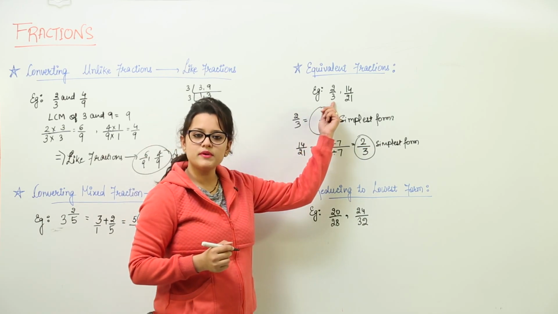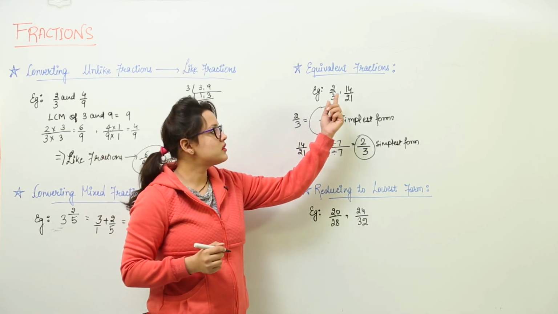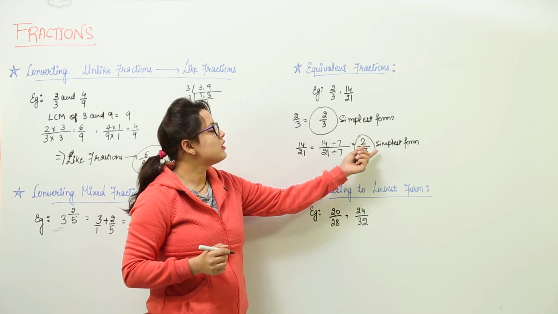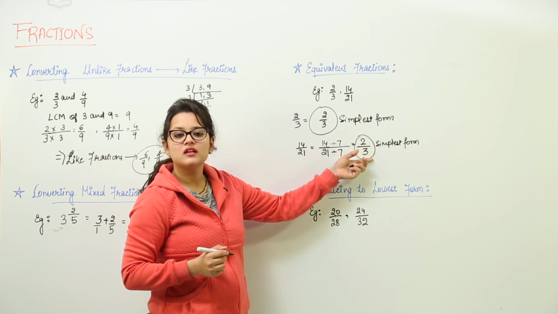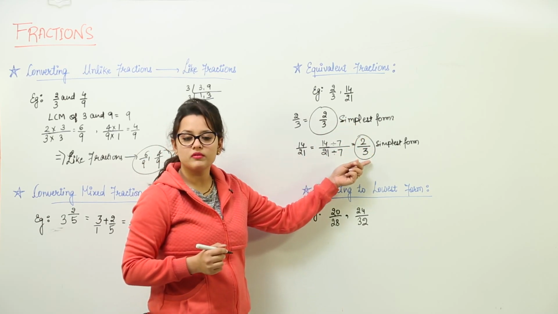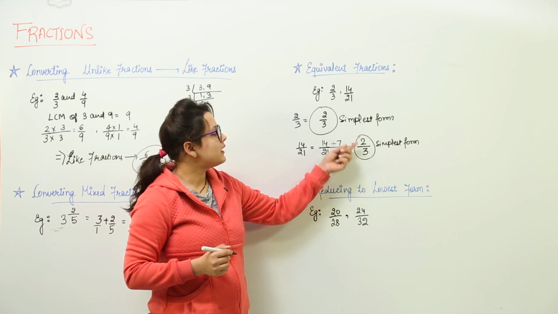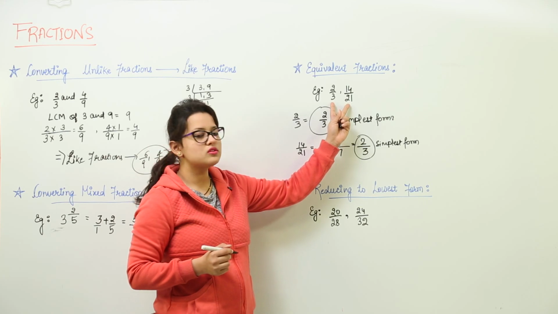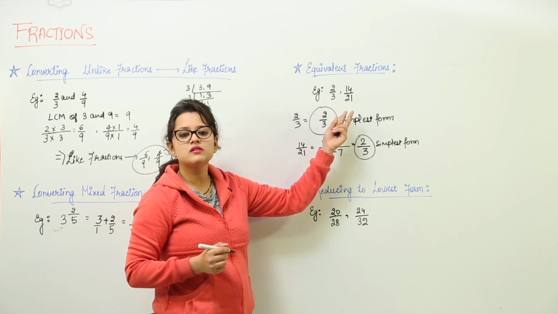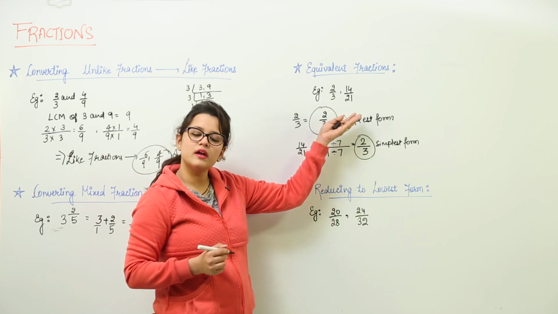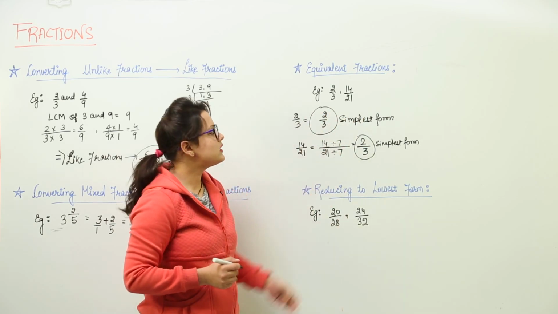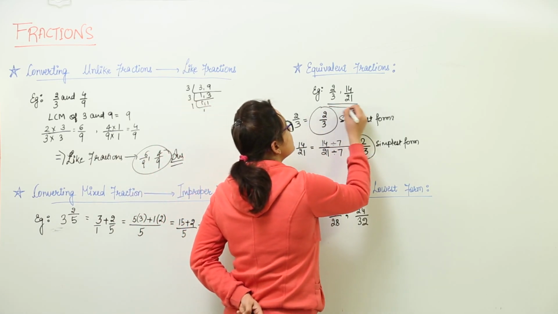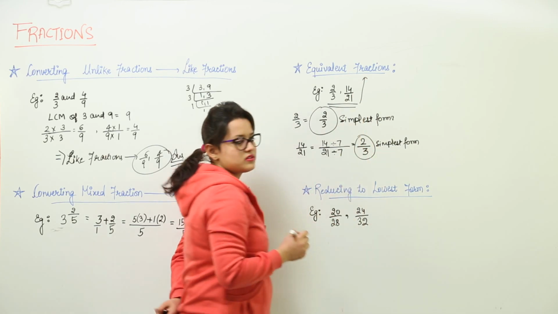This was already in the simplest form, whereas when we reduced this to the simplest form, we checked that it does not have any other common factor other than 1. That means that is the simplest form. Now both the fractions have the same form, right? They have the same values. So we can say that both are representing equivalent fractions, right?